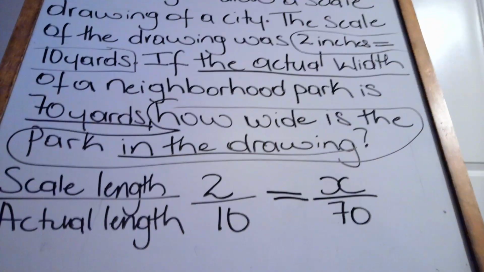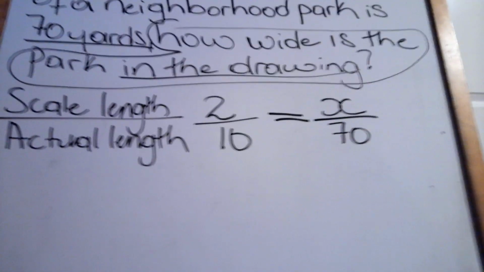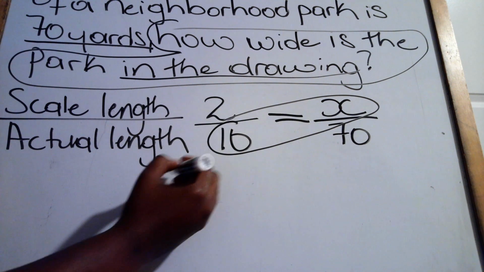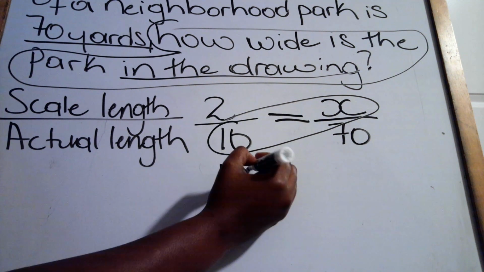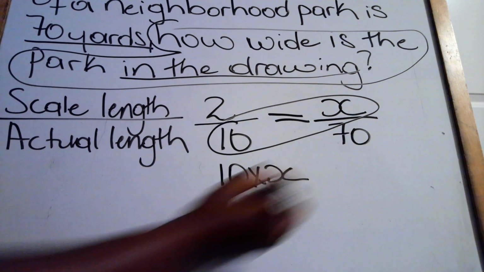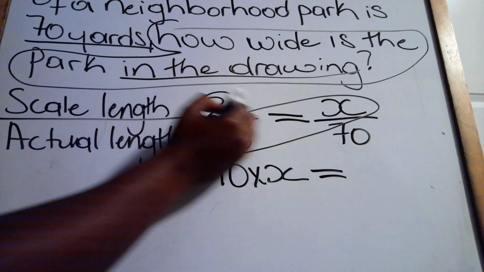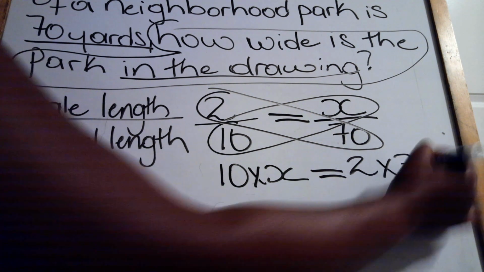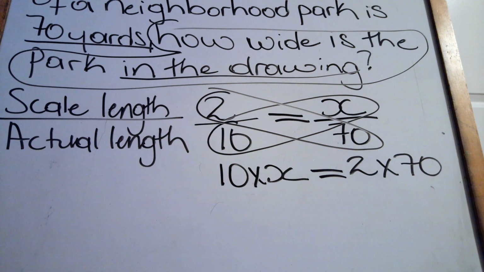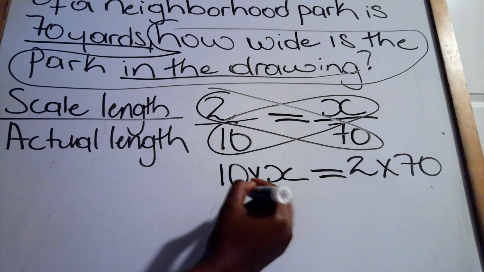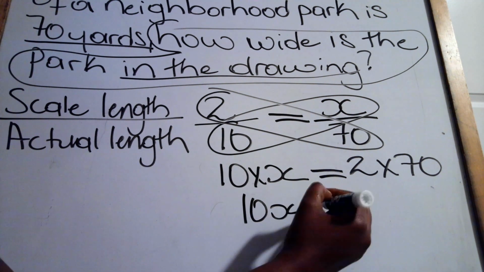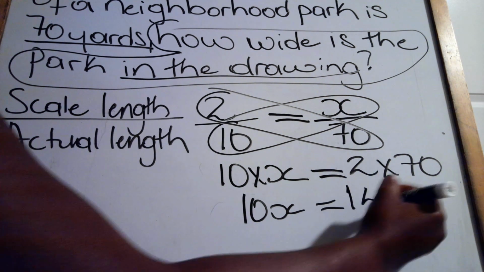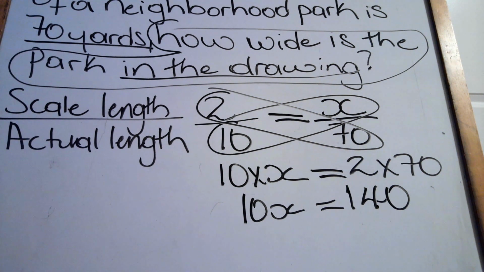Once we write it as a proportion, we cross multiply. 10 multiplied by x, 2 multiplied by 70. 10 multiplied by x gives us 10x. 2 multiplied by 70 gives us 140.